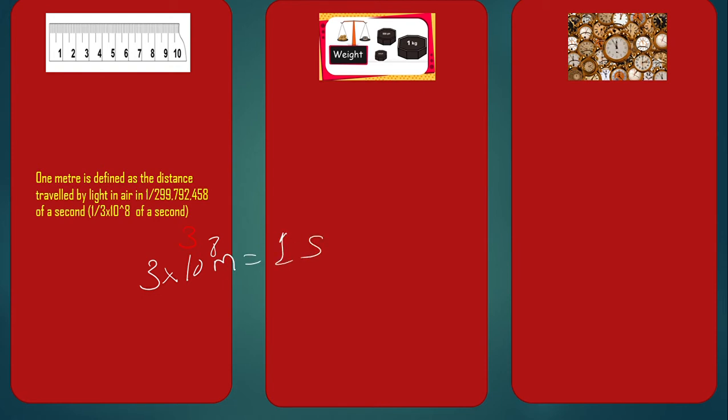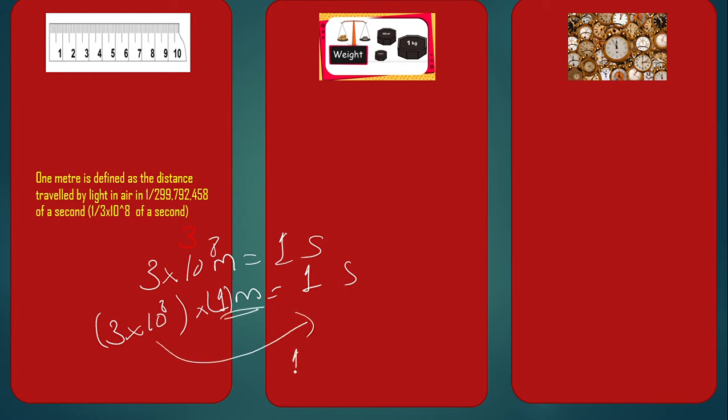Now we want to measure the length of 1 meter. You can write this equation as 3 into 10 to power 8 meters is equal to 1 second. We want just 1 meter, so we'll send the other thing to the other side.